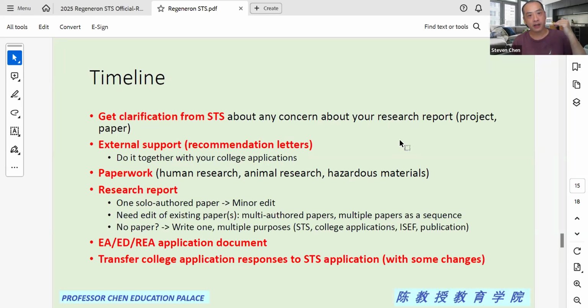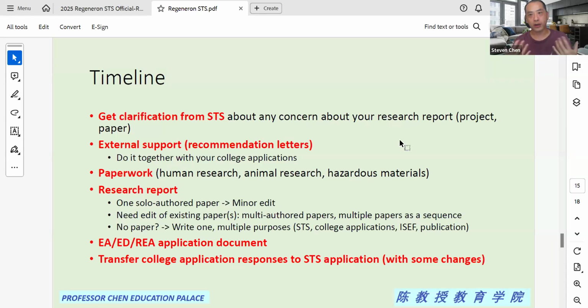In case they have some delays, your application will be incomplete. That is not good. Please note that, as we will see later, although we have to get lots of recommendation letters, those pretty much overlap with what we will use in your college applications. So you can do them together.